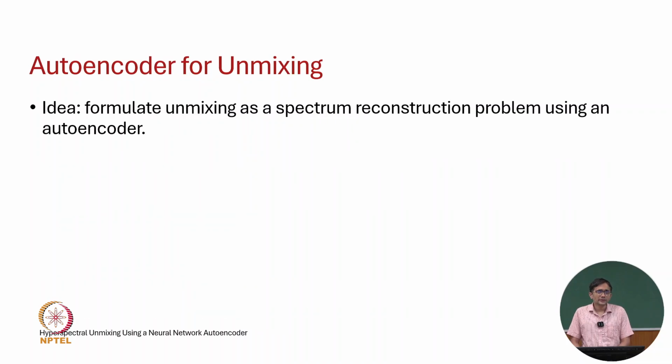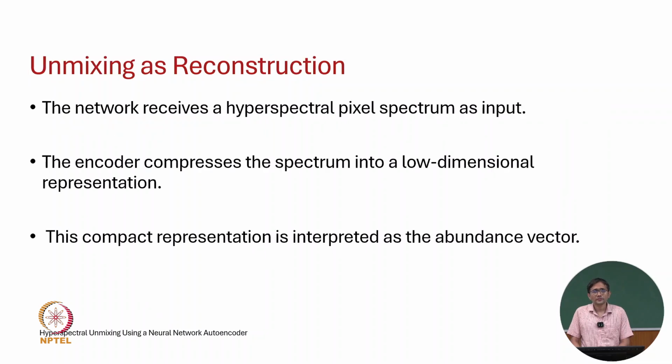Now, talking about specific DL-based techniques or architectures for unmixing, one natural candidate is the autoencoder. Autoencoder formulates unmixing as a spectrum reconstruction problem. The network receives a hyperspectral pixel spectrum as input.